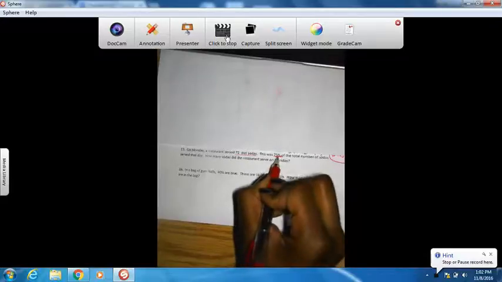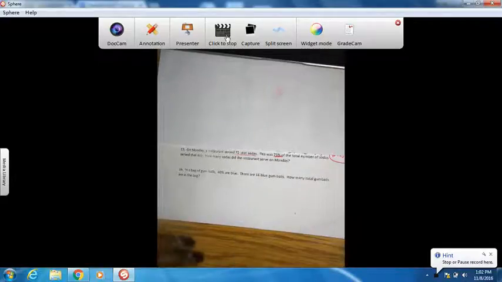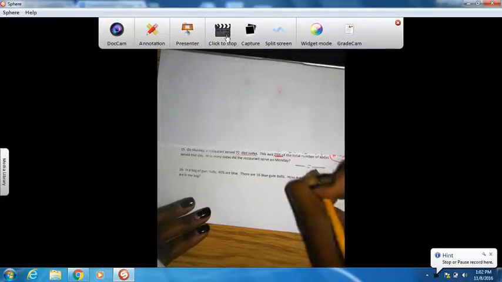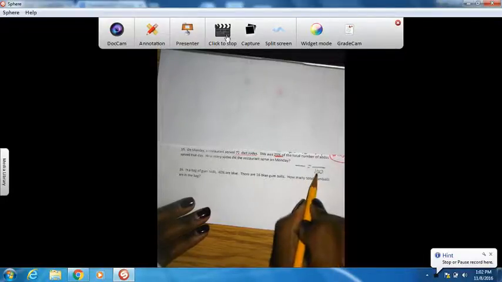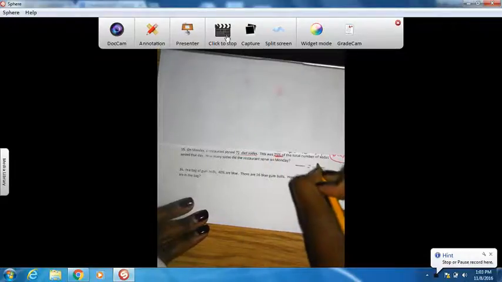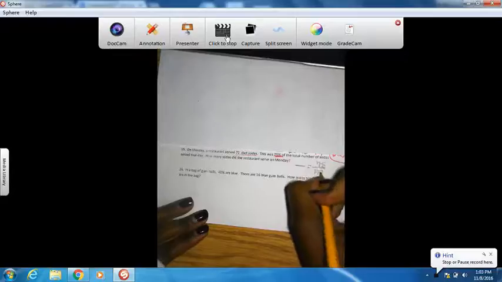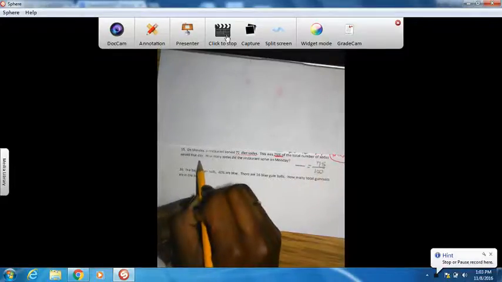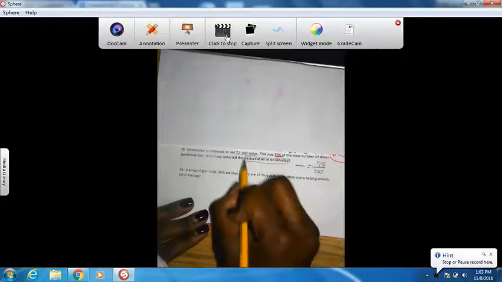So I saw this percent symbol, so I automatically know that I'm going to set up a proportion with one of the denominators as 100 because I saw the percent. And it actually gave me the percent. So 75% of the total number were served that day. So let's go back.